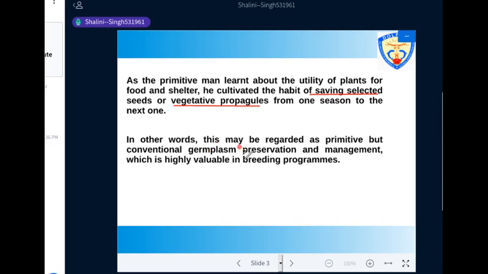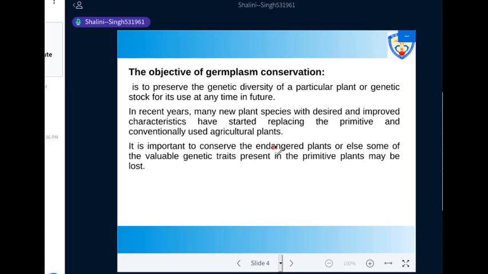In other words, this may be regarded as primitive, but conventional germplasm preservation and management comes from this, and it is highly valuable in breeding programs. If we are going for the locally cultivated traditional crop varieties, then we are conserving the germplasm in broad ways, and it is highly valuable in crop improvement programs.